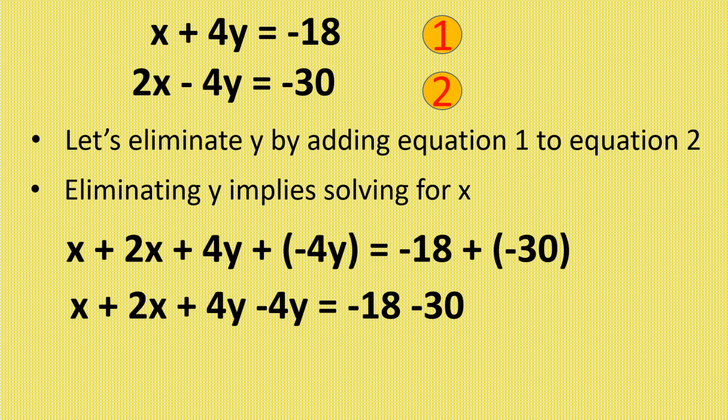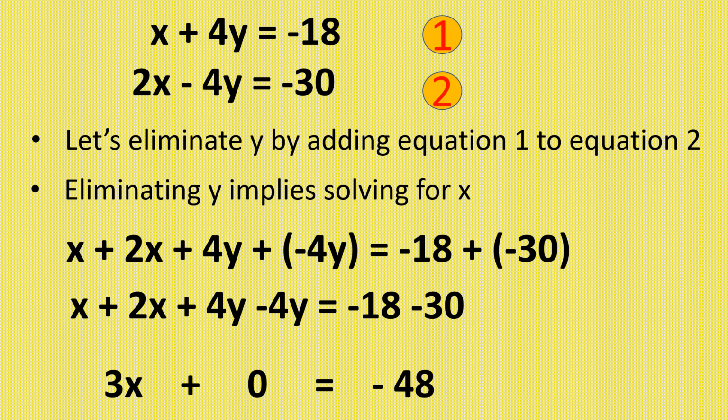And on the right hand side, minus 18 plus minus 30 becomes minus 30 added to minus 18. If you add the like terms, x plus 2x gives us 3x, 4y minus 4y becomes 0, and minus 18 minus 30 becomes minus 48.